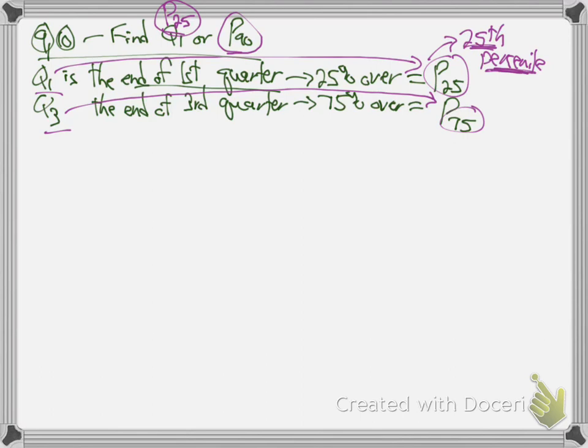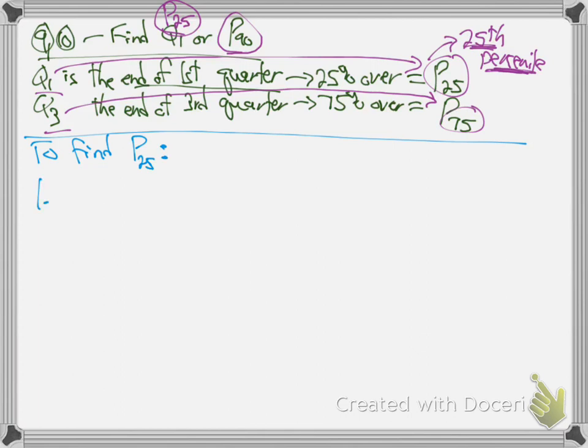So basically, how do we find a P thing? How do you do it? Since they're both P questions, to find P sub, let's just make up a number right here, 25, for example. Here's what you do.